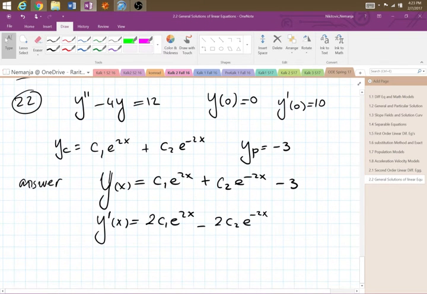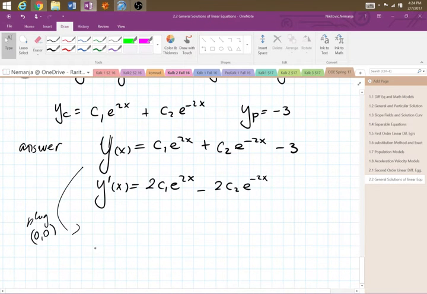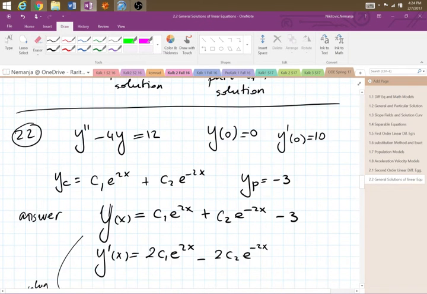So plug 0 into the first one. I'll say plug 0, 0, because we want 0 on the other end. So 0 is equal to, which one was the one?